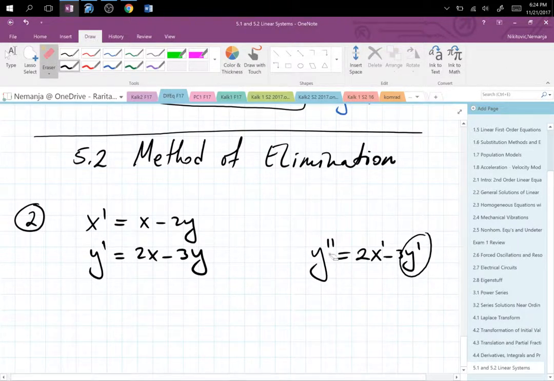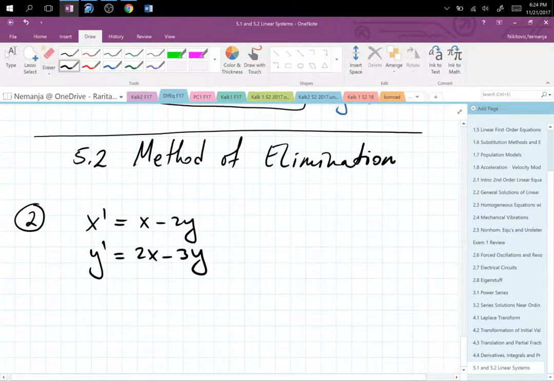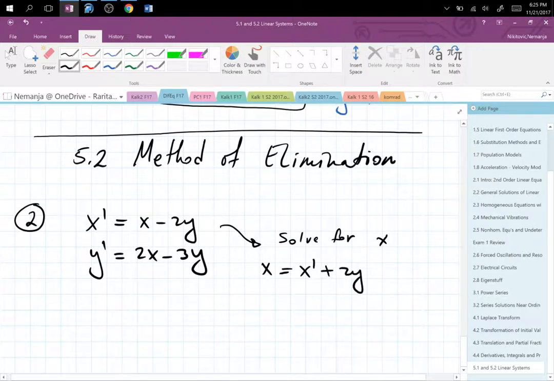So we have to solve for x. Solve for x: x is equal to x prime plus 2y. So shift 2y to the other side. And then you differentiate that one to get that x prime is equal to x double prime plus 2y prime.